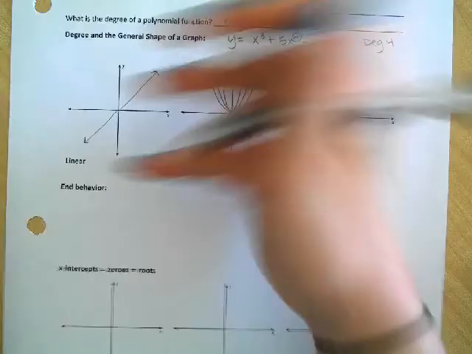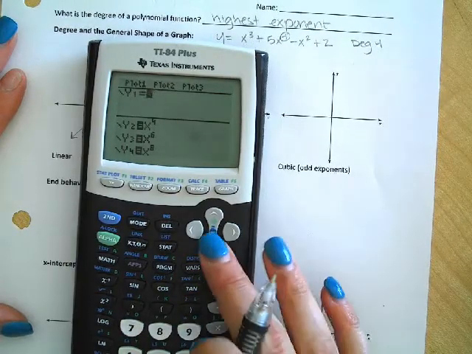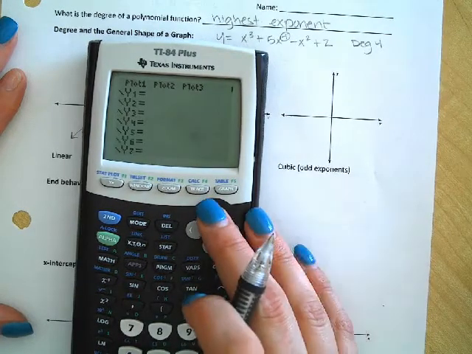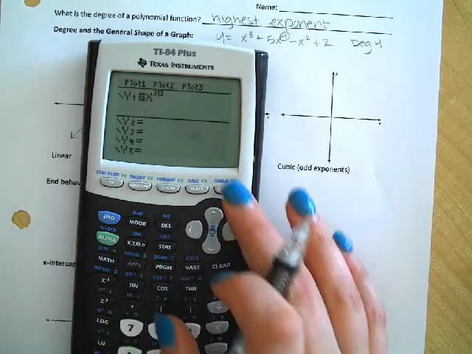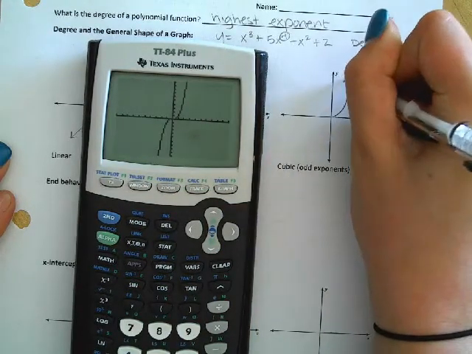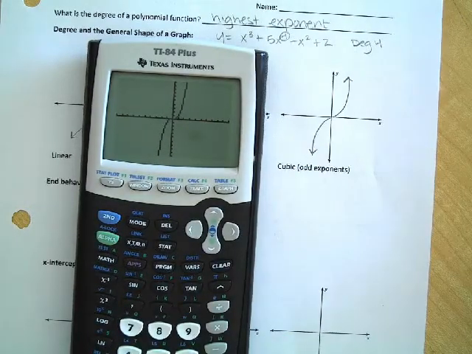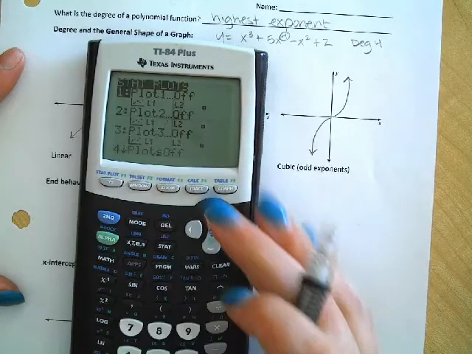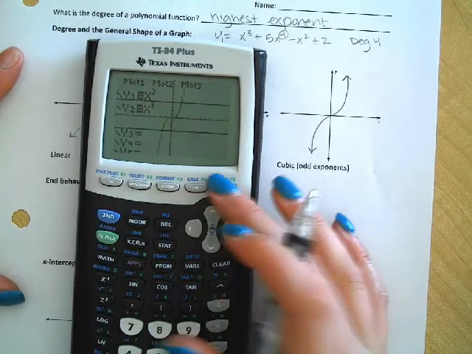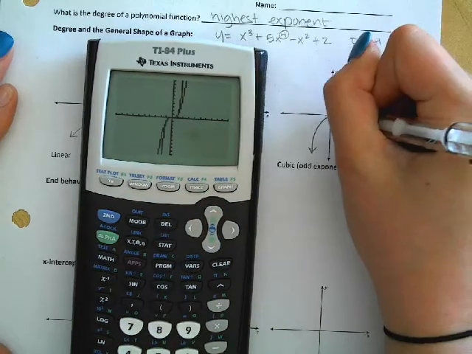Okay, so when we draw a cubic, x to the 3rd, we've got something like this. They call that an S-curve. And then we can try x to the 5th, and you'll see that it grows faster, but it's still basically the same shape.